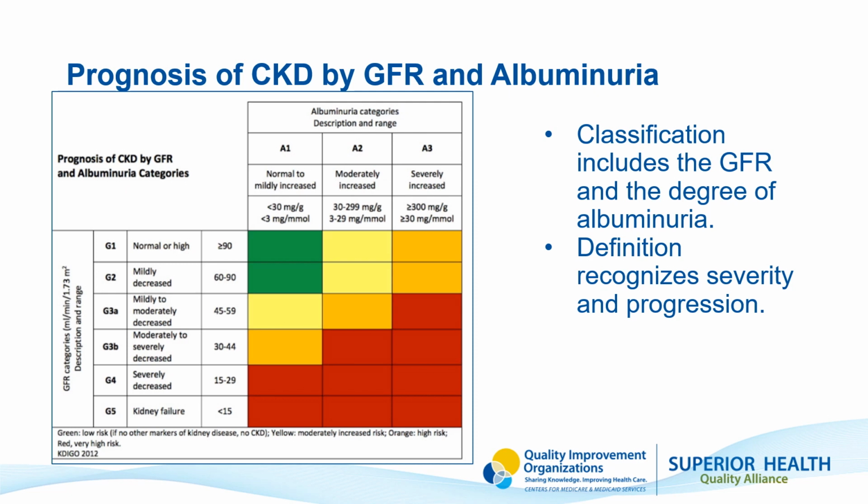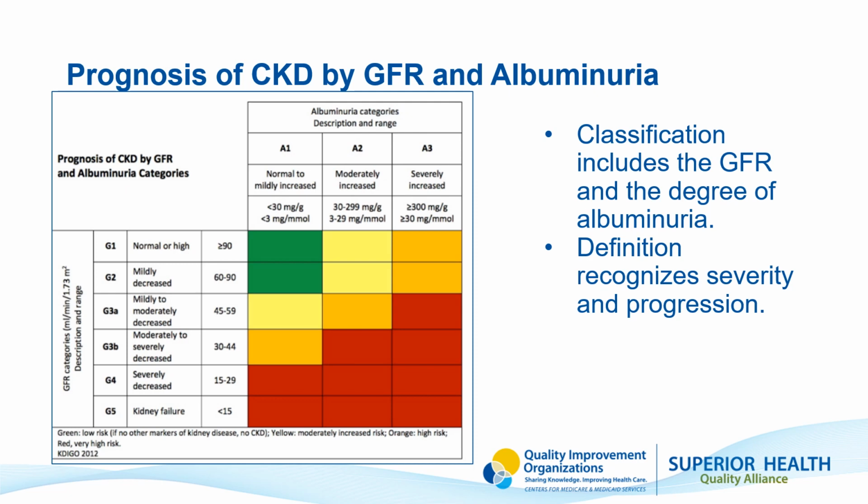For example, if you have a GFR less than 15 paired with an albuminuria less than 30 milligrams per gram, the prognosis is still pretty poor, but it's even worse if you have proteinuria, in other words, a protein level greater than or equal to 300 milligrams per gram.